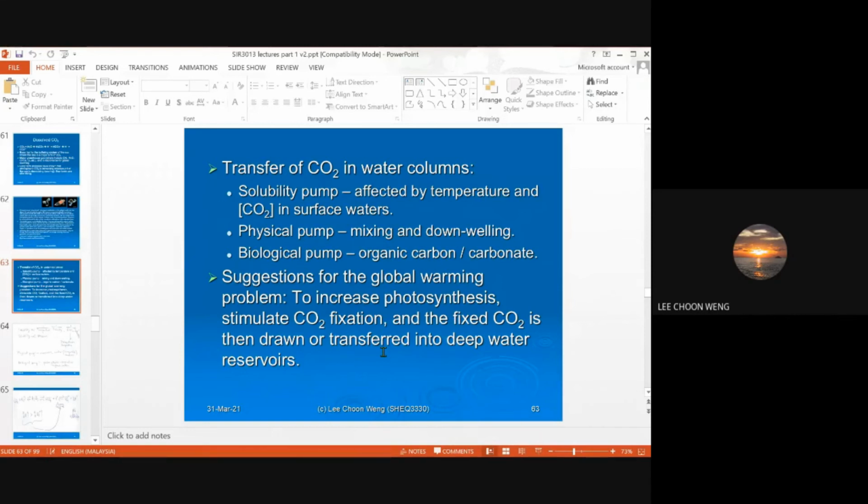So you are essentially postponing it. It doesn't solve the problem, but you have more time to tackle the climate change problem. It gives you more time if you're able to draw down the CO2. However, later we'll see how it is actually being proposed.